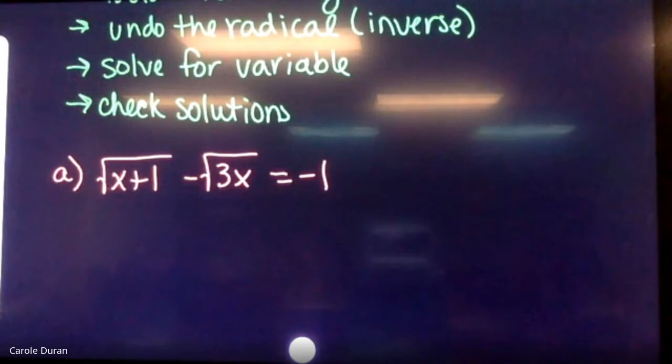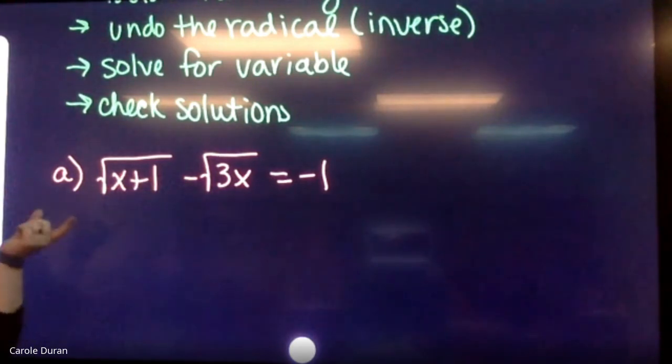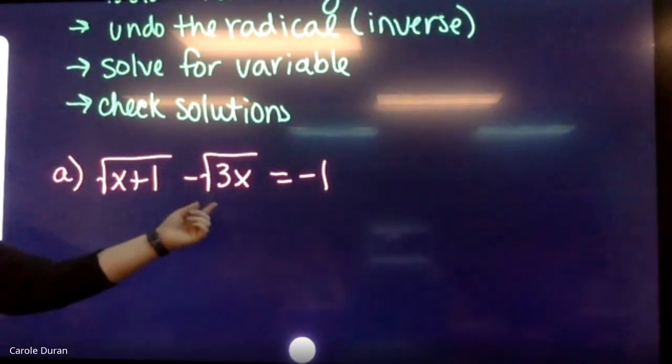Sarah, what do you think we're going to have to do first? If you're not sure, check the steps that we just listed out under case 3. Separate the radicals to opposite sides of the equal sign. So right now I have 2 radicals to the left of my equal sign. Which one do you think it would be best to move? The first one or the second one?